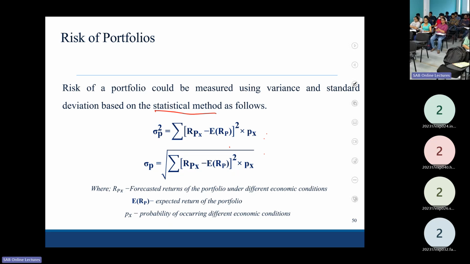So therefore, in financial management, we are not applying a statistical method to calculate the portfolio risk. But I can show you the answer by applying it, but anyway, no need. We are not applying this statistical method, but remember, using the statistical method also, you can calculate the portfolio standard deviation. But it is really difficult.